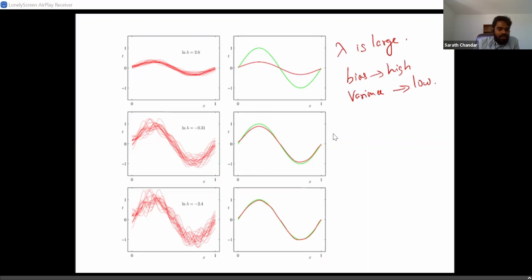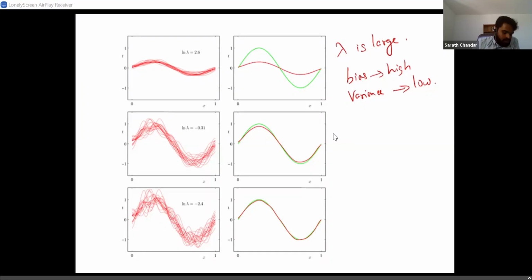On the right-hand side you can see the average of those 100 functions, and that red line doesn't look the same as the sine function. The problem with a highly biased model is that you might reduce the variance, but the model becomes biased in such a way that it might not learn the proper solution.